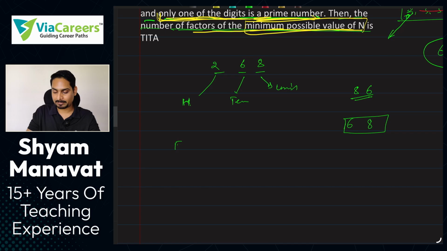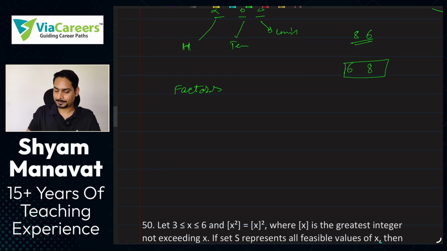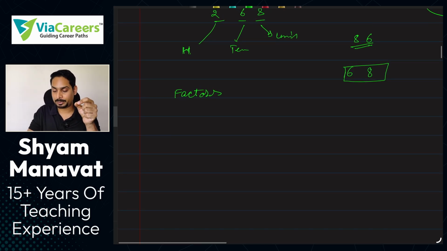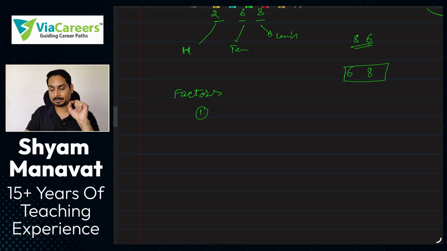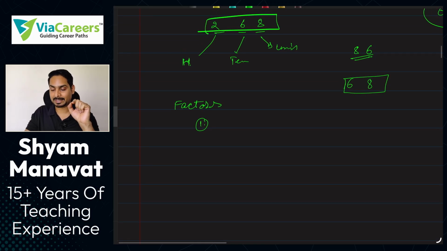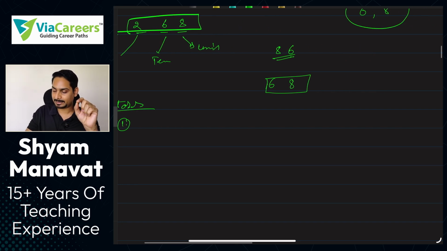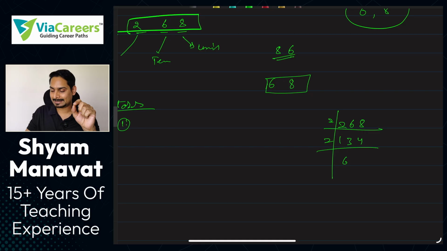Now can we find the number of factors here? Let's find the number of factors. Here is the theory we have discussed in number of factors. Step number 1, first we find the prime factors of the given number. If I take 268 and divide it by 2, I get 134, again I can divide by 2, this is 67, and 67 is a prime number in itself.